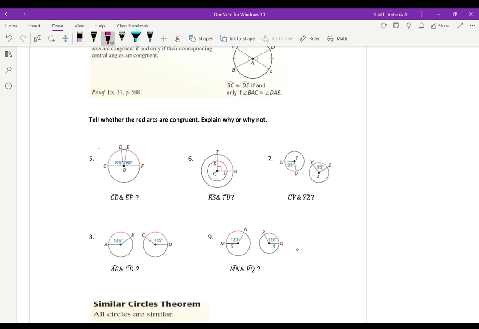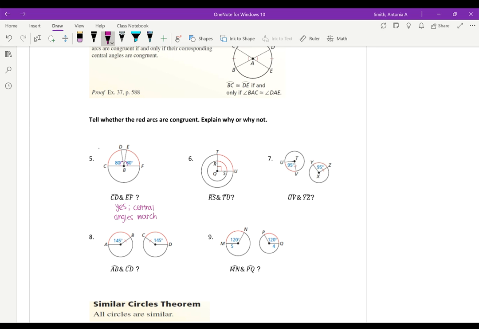This one's 80 and this one's 80, so yes, they are congruent because the central angles match. That only works if they're on the same circle or in congruent circles.